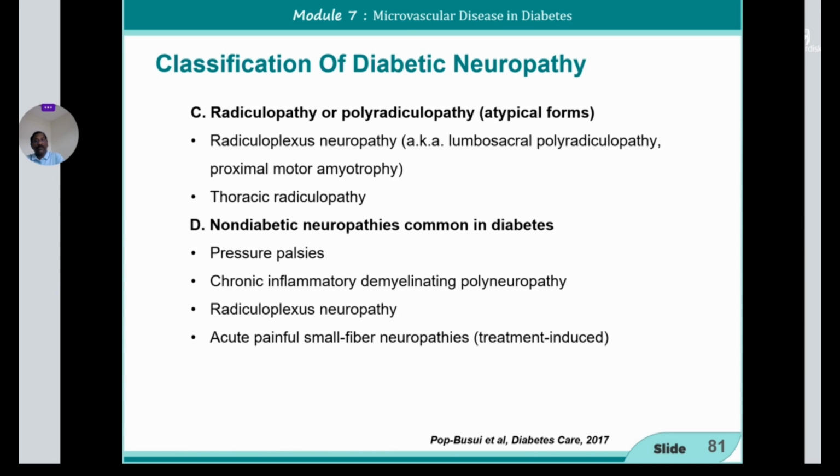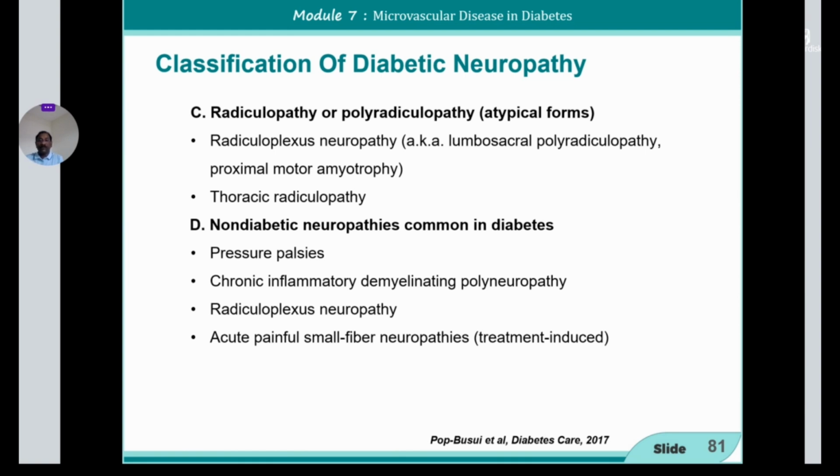If it happens to be on the left side, sometimes we miss it as angina pectoris or cardiac pain. Non-diabetic neuropathy is common in diabetic individuals. So pressure palsies like carpal tunnel syndrome or tarsal tunnel syndrome, etc. Chronic inflammatory demyelinating polyneuropathy, just like Guillain-Barré syndrome.